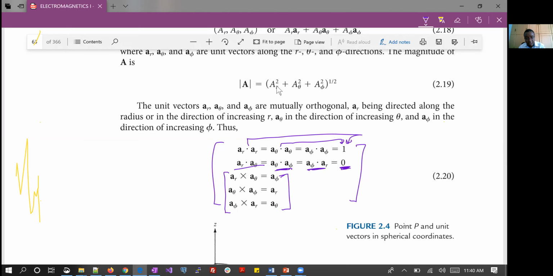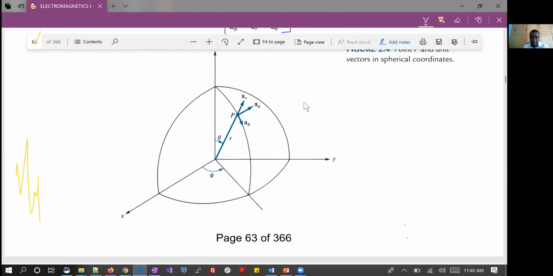A theta cross A phi is equal to AR, and A phi cross AR is equal to A theta. Okay, so this we have already explained, and that works well.